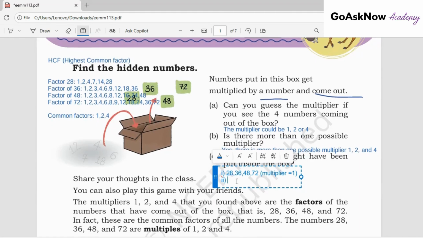So the numbers are 14, 18, 24, 36 if the multiplier is equal to 2.